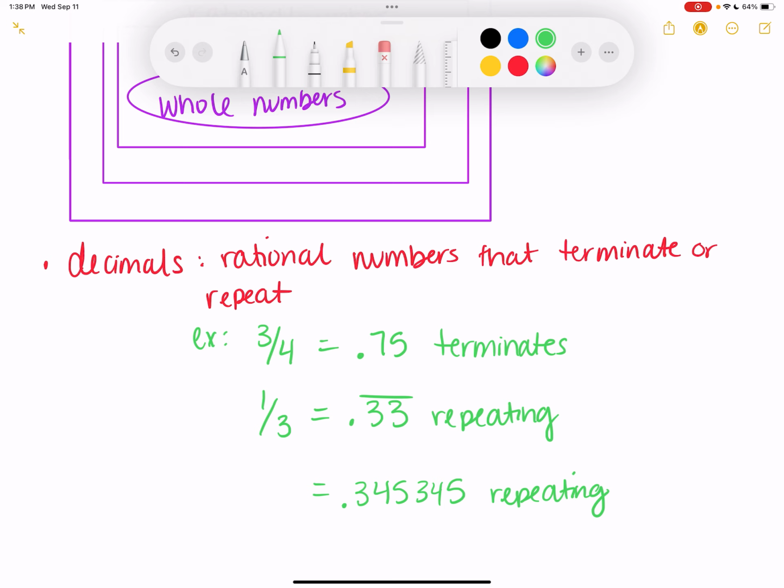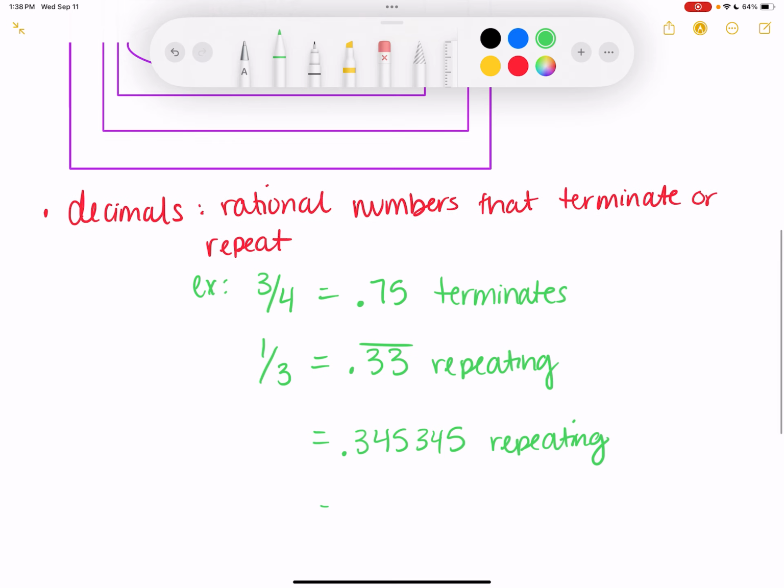But if at any point it stops, even if you have something like 0.2345 and then that's where it stops, that's terminating. So some questions may also ask us to classify a number, and we would want to classify it as specifically as possible.